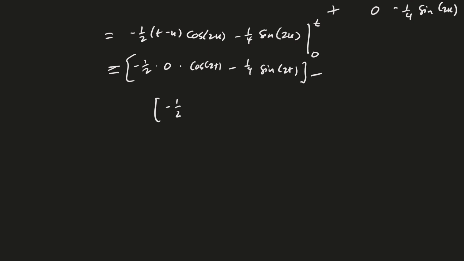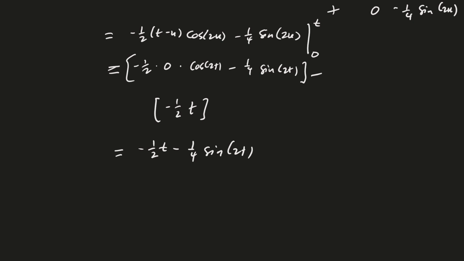Minus 1/2, and now 0 goes in for u, t cosine of 0, which is 1, and then minus 1/4 sine of 0, which is 0. Okay, so we end up with what? Minus 1/2 t minus 1/4 sine of 2t.